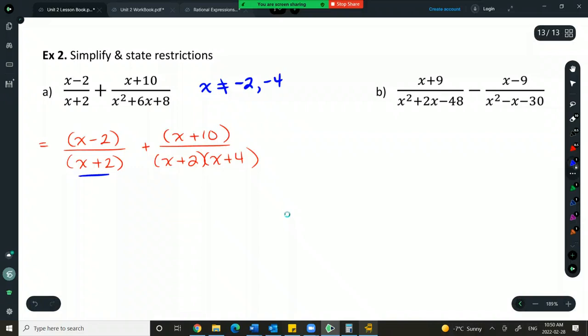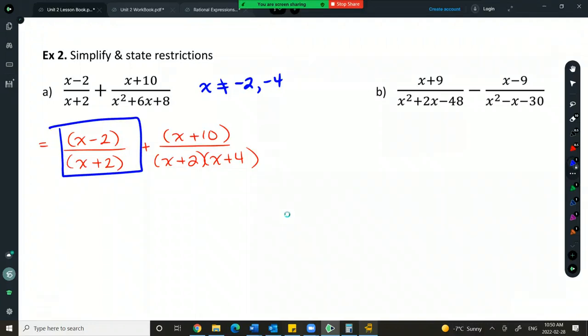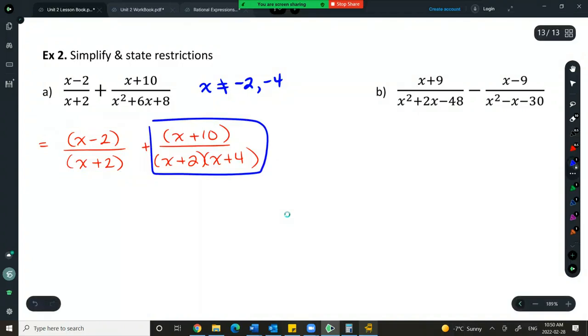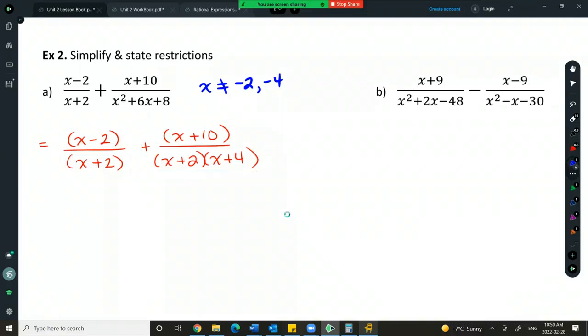Okay, so this one is -2, and this one is -4. Okay, what was that next little caveat step that we added in there? Okay, so in this one, x minus 2 over x plus 2, can I cancel anything? No? How about this one? Can I cancel anything? Are there any common brackets here? I don't think so. Okay, so move to the next.